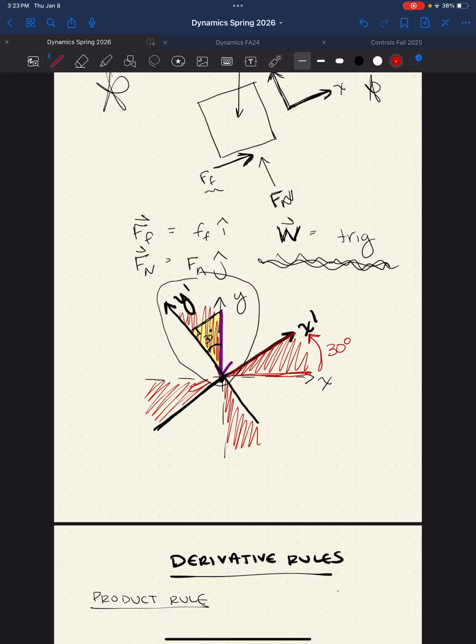So basically what we're saying is that some of the purple vector goes in the negative X prime direction, and some of it goes in the negative Y prime direction.